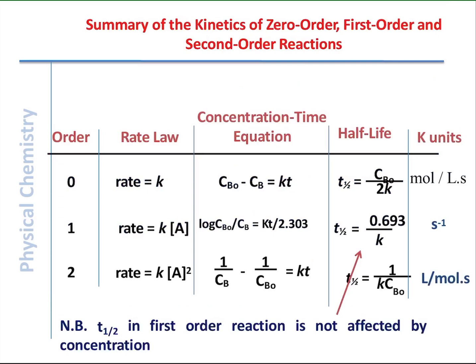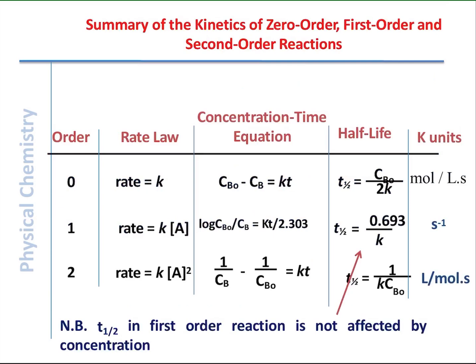This is a summarized table relating the order of reaction with the rate law and the concentration time equation, and how to calculate the half-life time, and what is the unit of the rate constant.